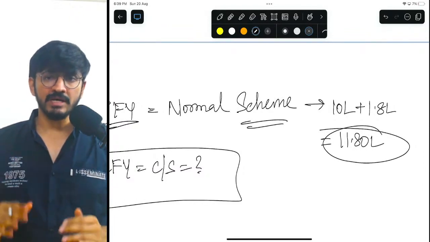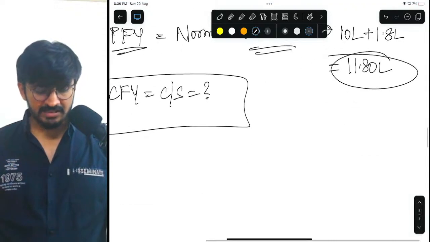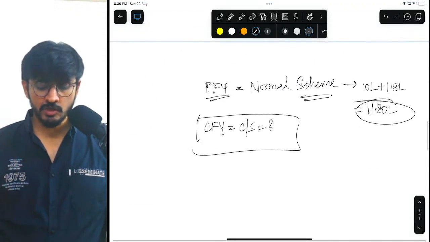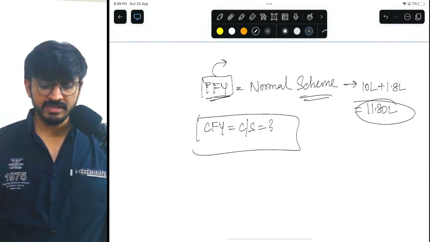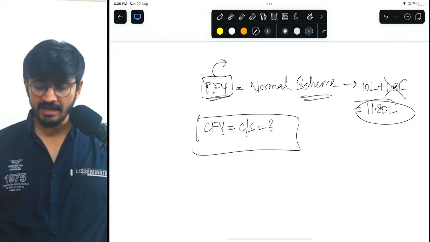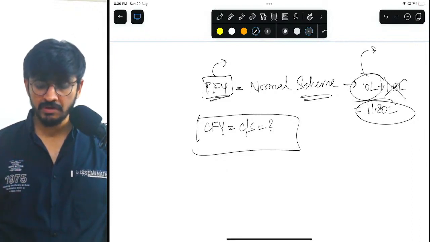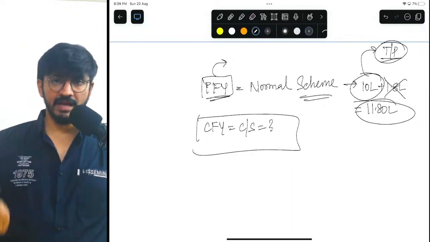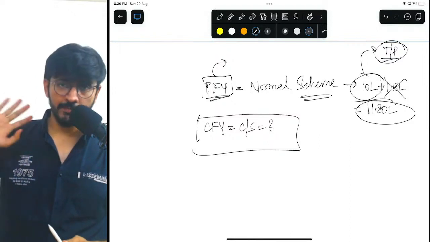It is not my money, it is the government's money. So when the government wants to check your turnover, obviously you will not take the 1 lakh 80,000 part, because this belongs to the taxpayer. So we will only take 10 lakhs. We will exclude the GST component.